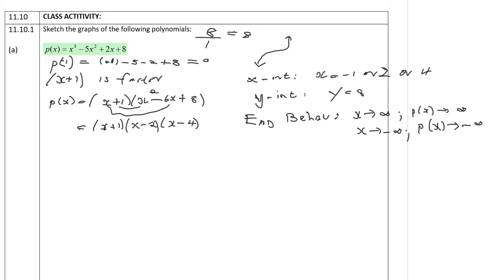Okay. So that is my end behavior. Now I can just do my little number line, and then we can draw the sketch. So let us just see now here. We said x can be -1. Yes, x can be -1 included.